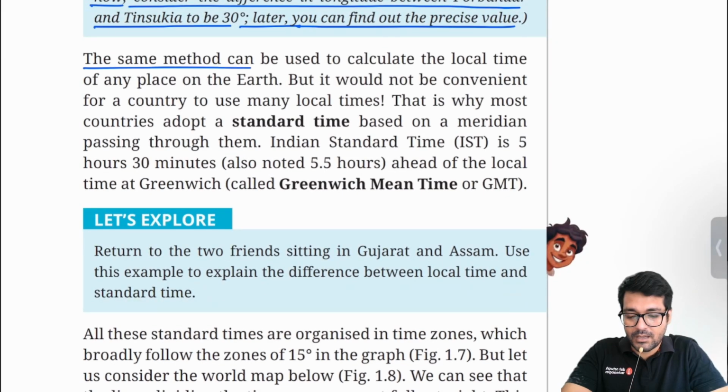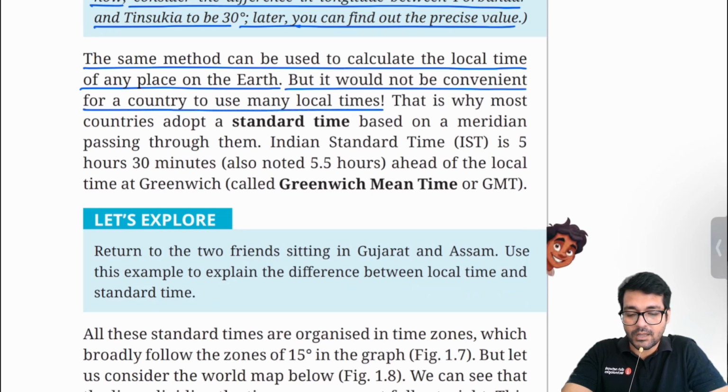The same method can be used to calculate the local time of any place on the earth, but it would not be convenient for a country to use many local times. That is why most countries adopt a standard time based on a meridian passing through them.